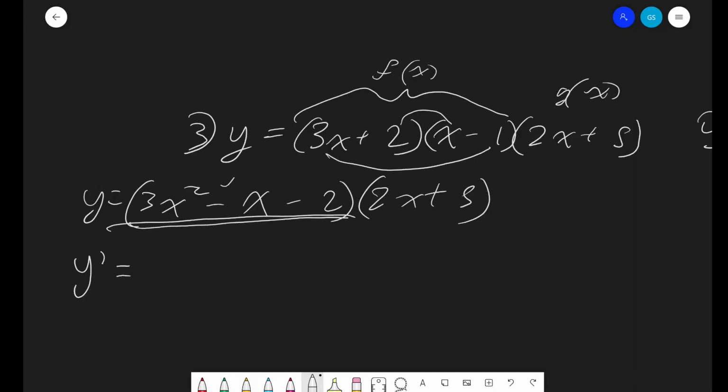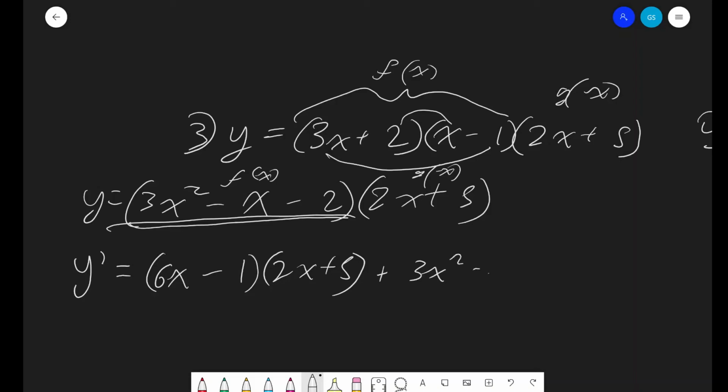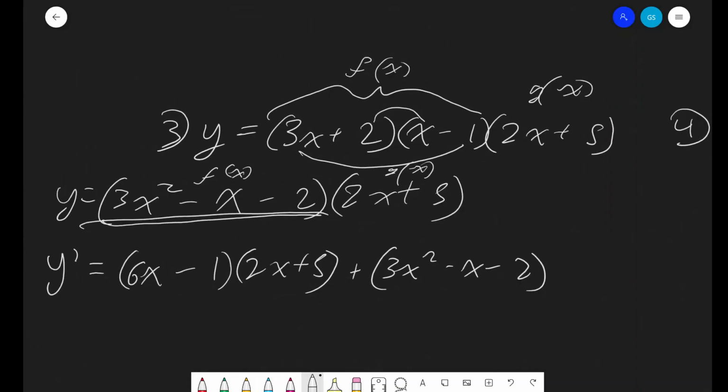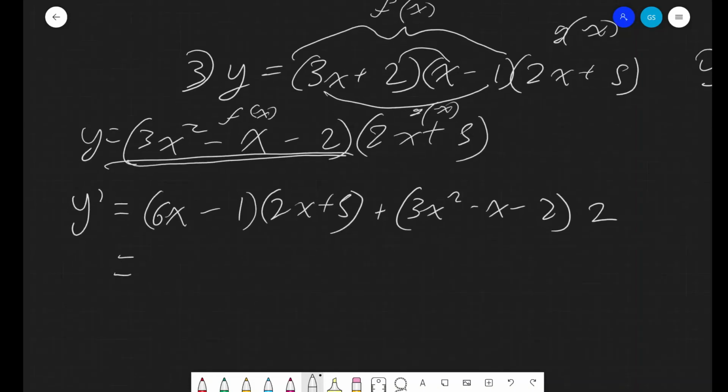This is the f of x term. This is my g of x term. So this is just 6x minus 1, times 2x plus 5, plus 3x squared minus x minus 2 times the derivative of 2x plus 5, that's just 2. Okay, multiplying all these things to expand it.